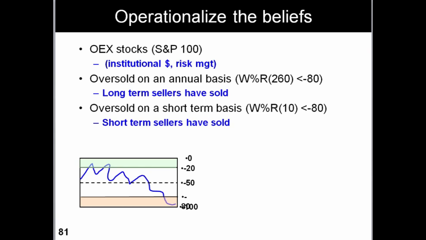So Williams percent R10, a 10-day look back, is also less than minus 80. And so now I've got targets that have institutional interest in them, with a built-in risk management in the fact that they're so large, that long-term sellers and short-term sellers may have sold. And so when we look at the Williams percent R, it would look like this, that we're deep into the oversold conditions.